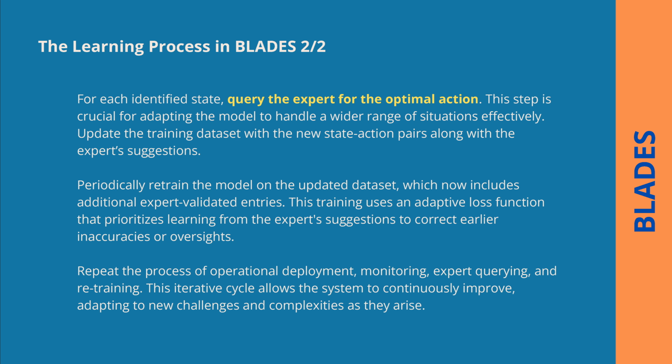You repeat this process of operational deployment, monitoring, expert querying, and retraining. This iterative cycle allows the system to continuously improve, continuously adapting to new challenges and complexities as they arise.